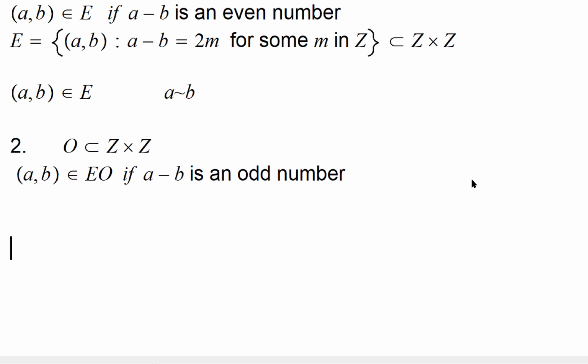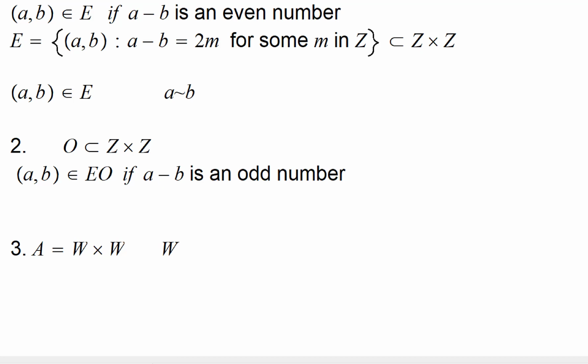The book has given you lots of them, so let's just take some examples that the book does not have. Say, for example, I take A to be W cross W, where W is the set of whole numbers.